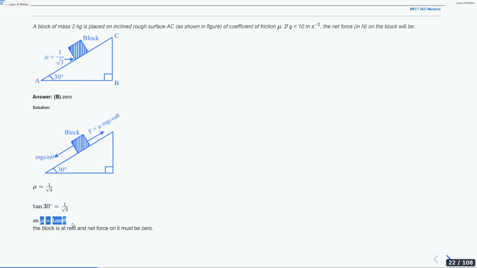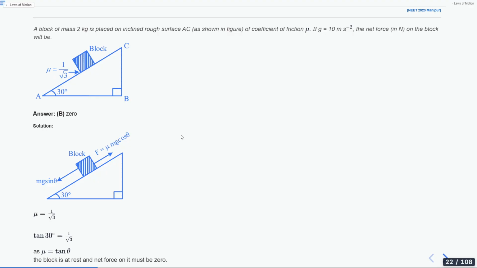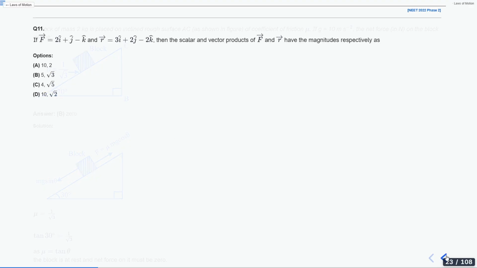As mu equals tan of theta, the block is at rest, so the net force must be 0. It says that mu equals tan theta, then we can say that the block is at rest. So the answer is 0.